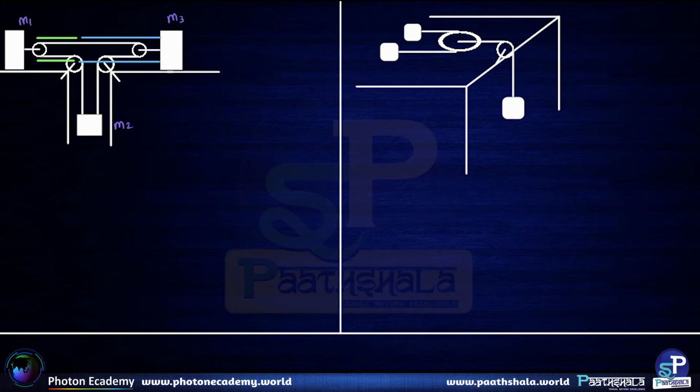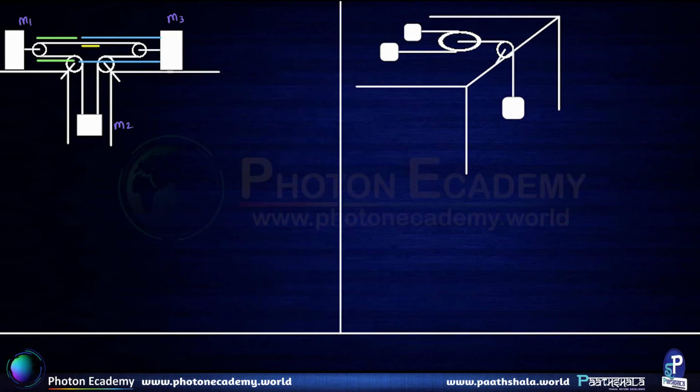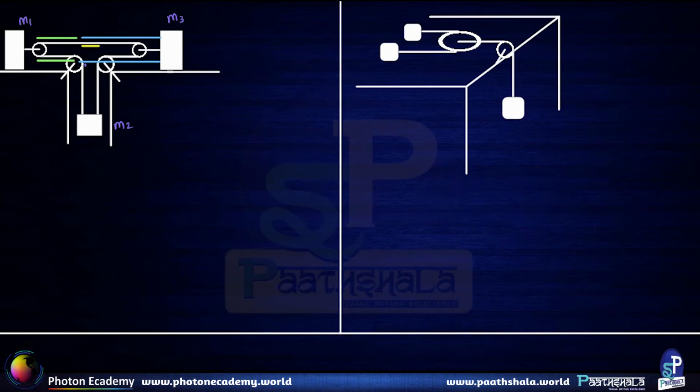Interesting part to note over here is the fact that this much part, which is the distance between the two fixed rigid pulleys, this much part of the length of the string is always constant and it is not moving. This is an interesting fact to note over here. x2 is simply assumed as this length.